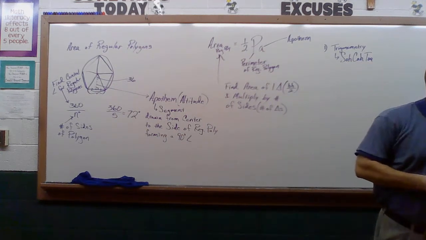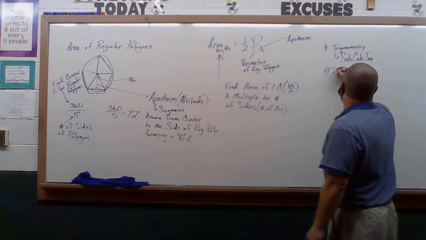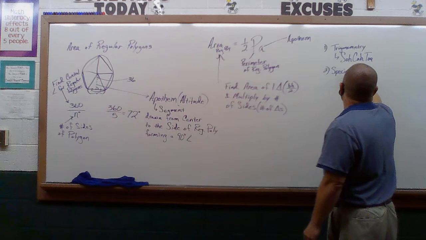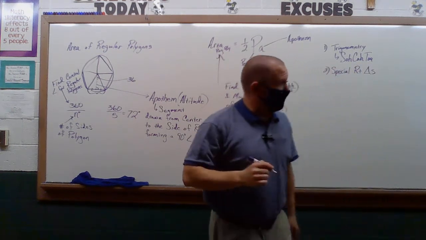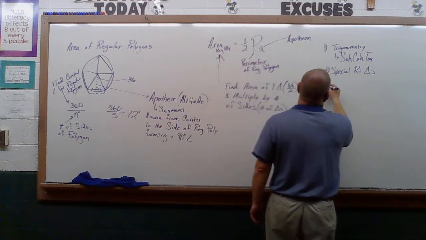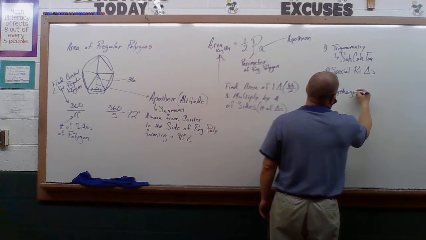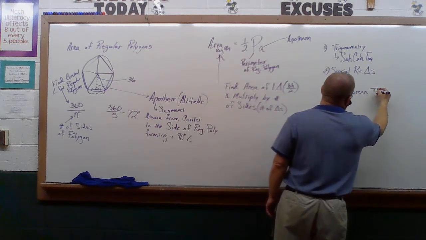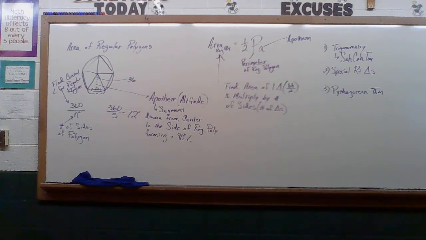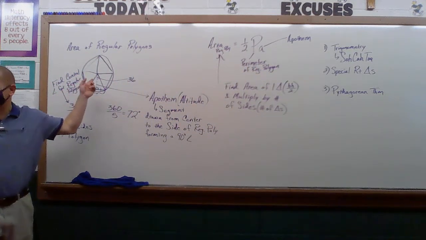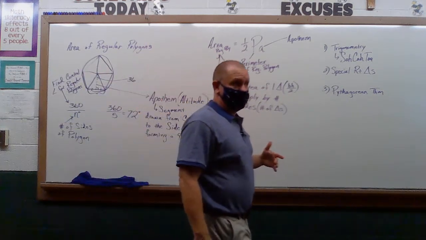So if I can do trigonometry, then sometimes I can do what? Special right triangles. And maybe even the Pythagorean theorem. So you're going to use any one of those to try to figure out the pieces that I actually need, or the parts of my regular polygon.